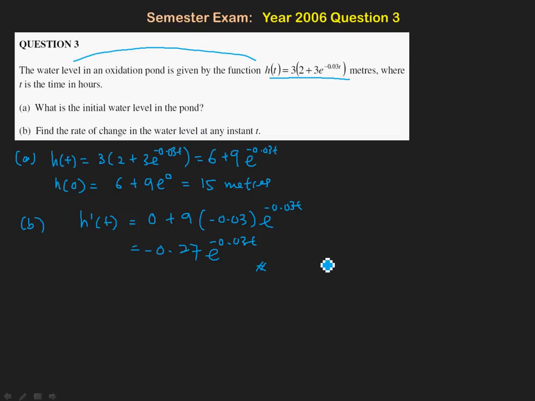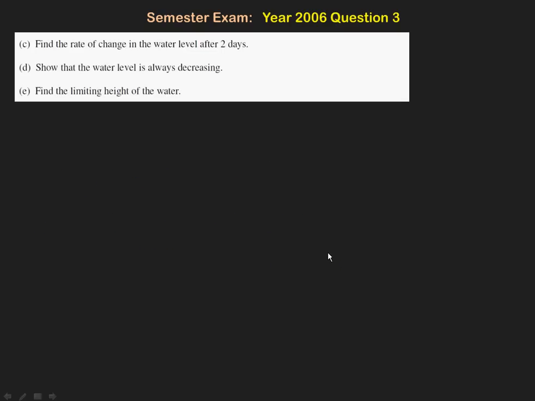Now moving on. Find the rate of change after 2 days. So 2 days, 24 times 2 per day, so it's 48 hours. h prime, the rate of change, is the slope of the function. So h prime at t equals 48 is this.